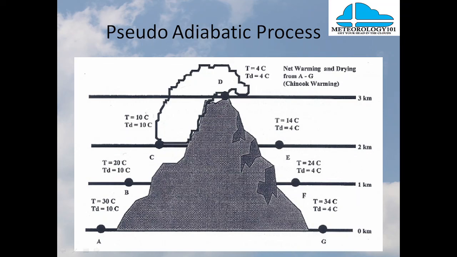And then we start to compress and warm, but now all the precipitation, the moisture, is gone, and now the air parcel falls dry adiabatically and increases 10 degrees per kilometer. So we have a net warming and drying from point A to point G, and an example of this is Chinook warming.